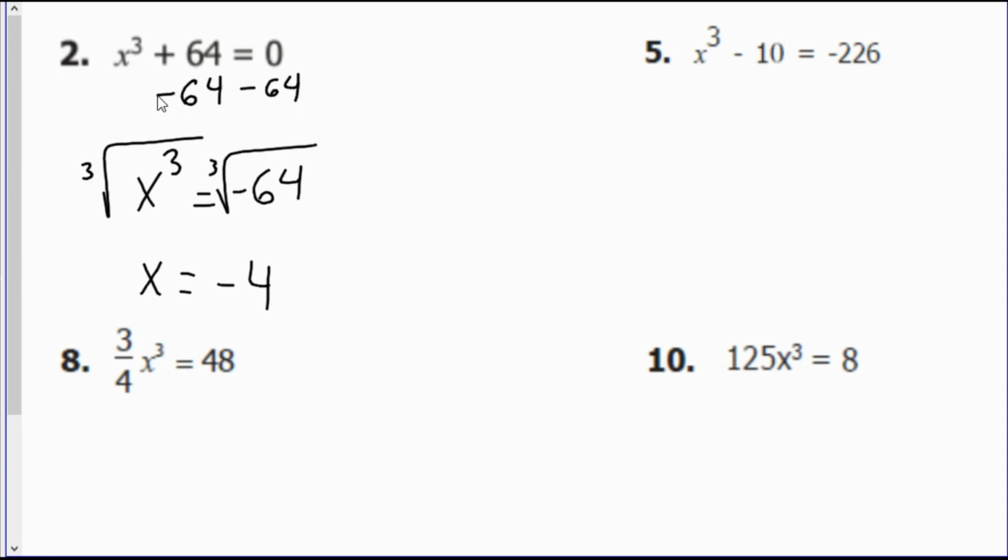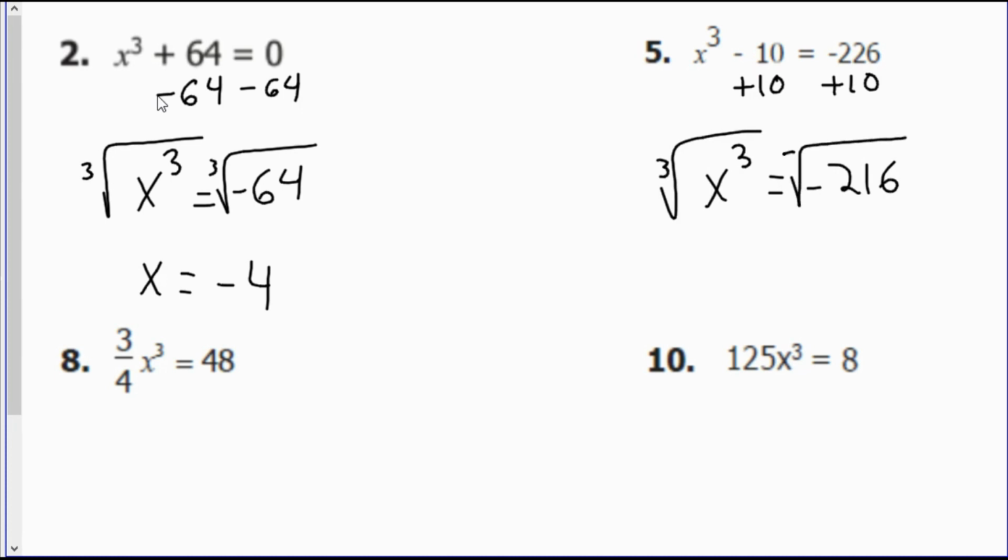Number 5, x cubed minus 10 is equal to negative 226. Again, isolating my variable, I'll add 10 to both sides. So x cubed will equal negative 216. If I take the cubed root of negative 216, I will get x is equal to negative 6.